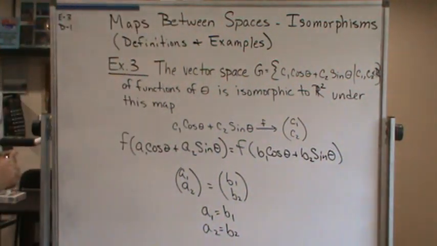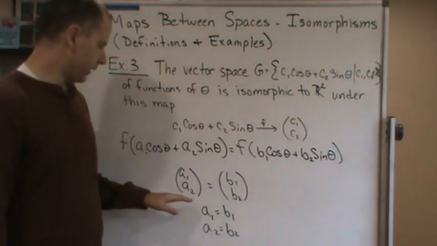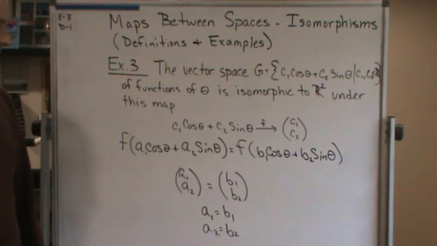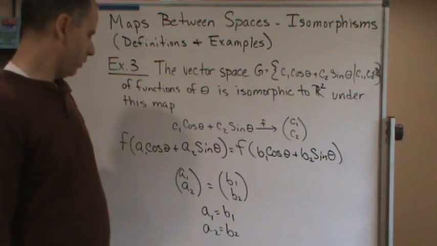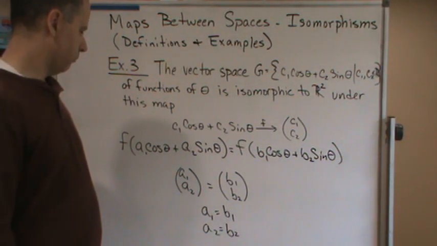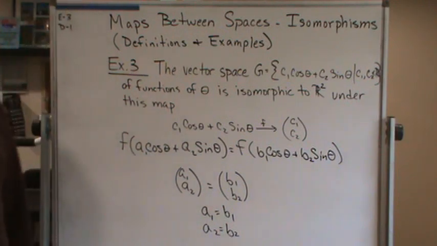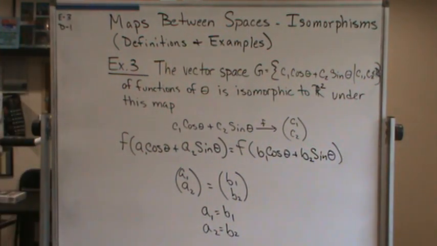And why is that? Because two vectors are only equal if their corresponding components are equal. And so, voila. The correspondence is one-to-one.